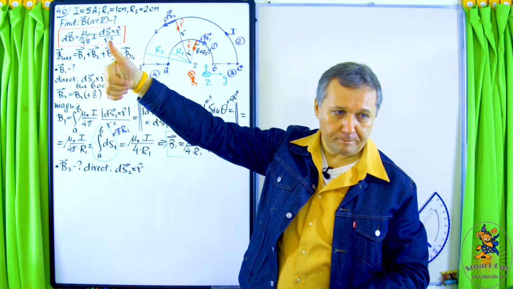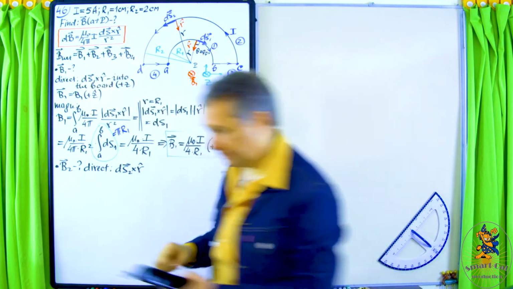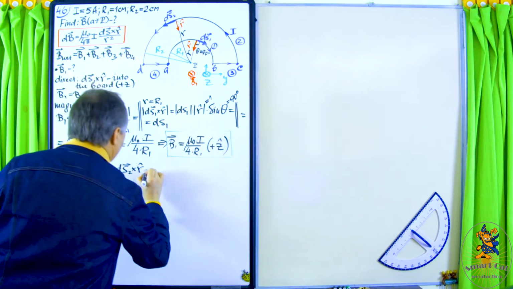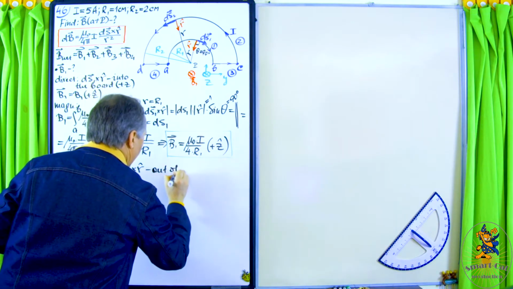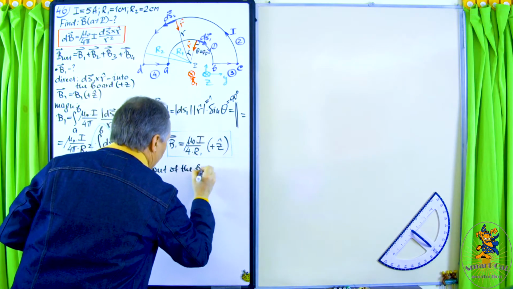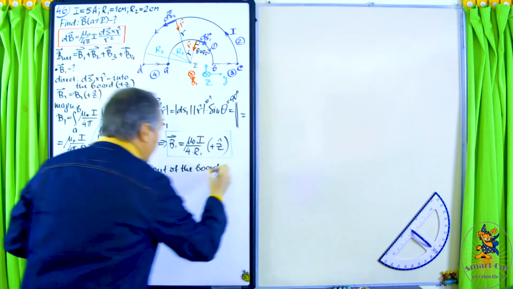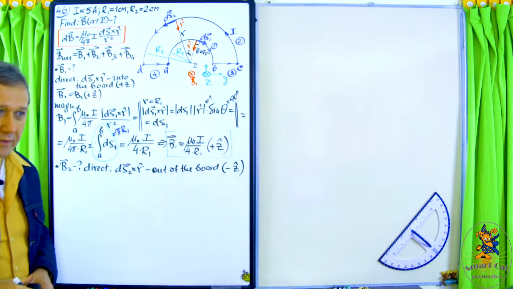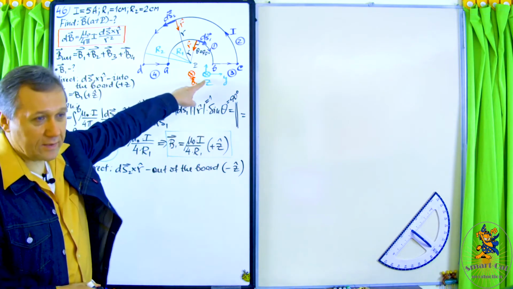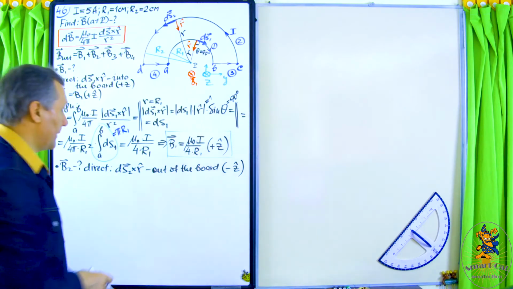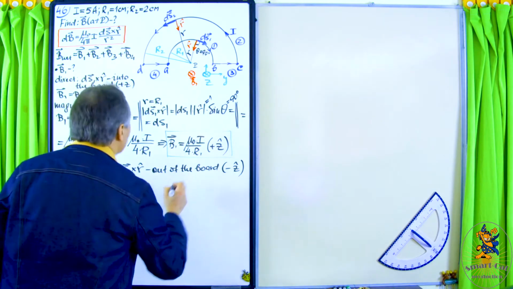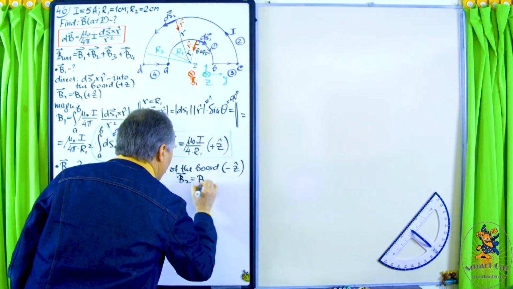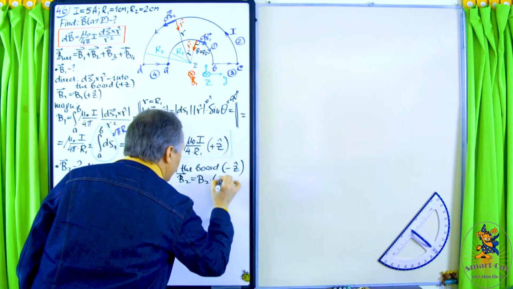Basically, it's the minus z hat direction, a negative z direction, because I picked the z axis into the board. So I can write that the B2 vector equals the absolute value of B2 in the minus z hat direction.